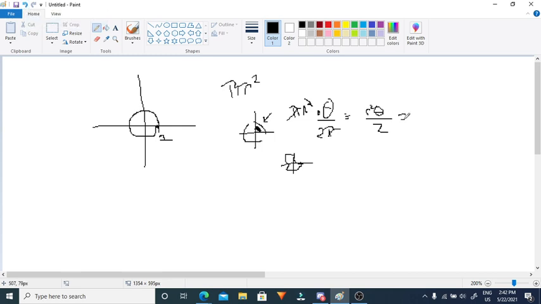This is leading us to our equation for the area of a polar function, which is 1/2, taking the constant out of the integral, of r squared d theta. And this is our equation for the area of polar functions.